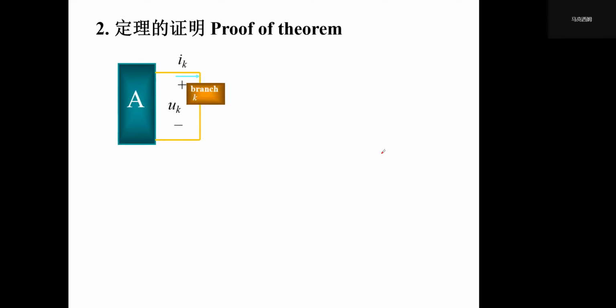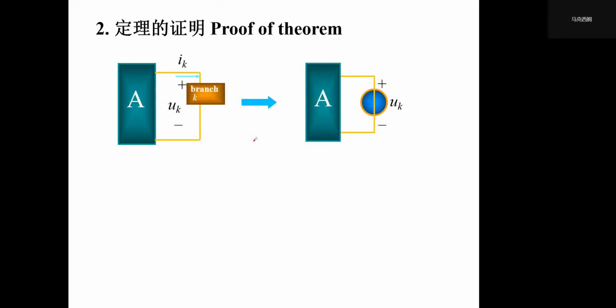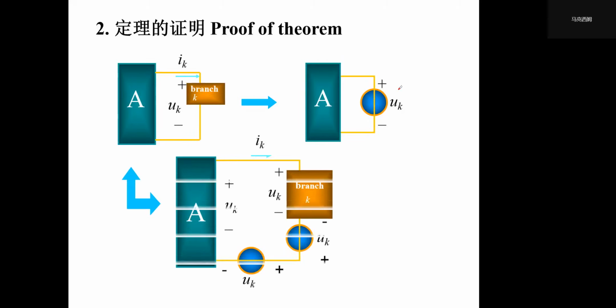See, we have this network A and a branch K, and the branch K has a current of IK and a voltage of UK, and we replace it with a voltage source UK.